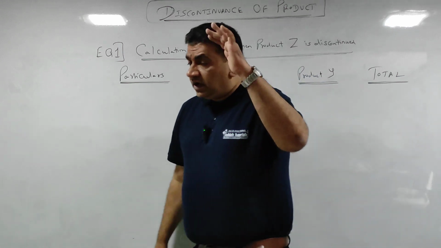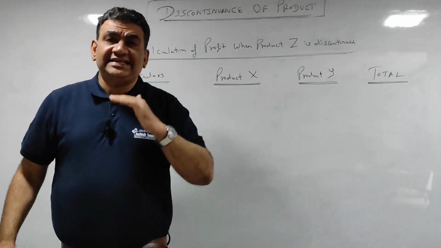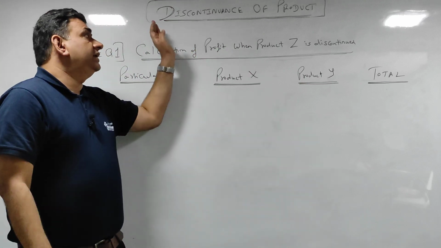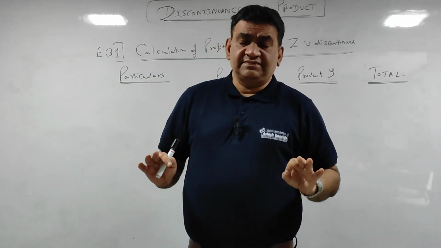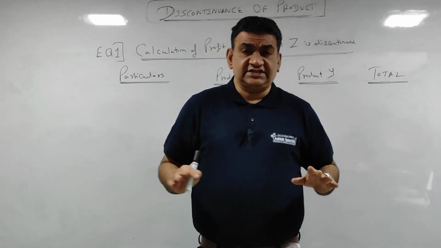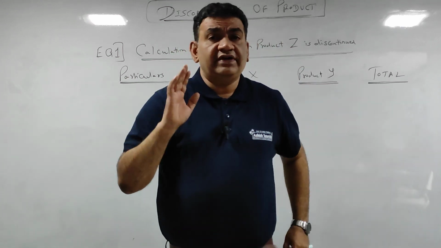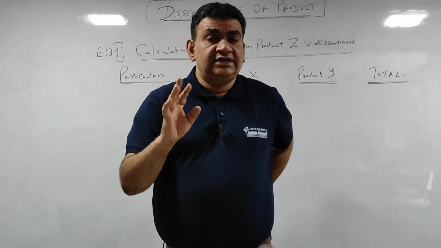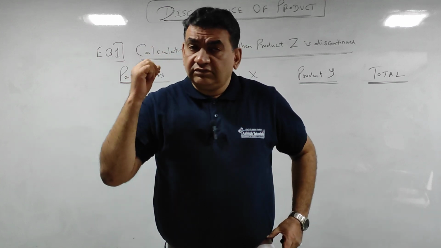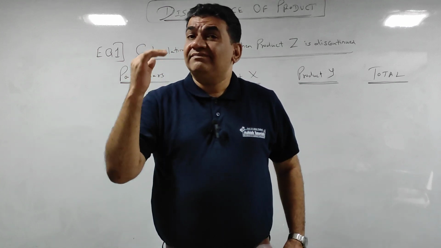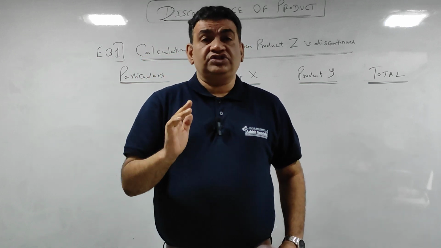Now, what exactly do you mean by discontinuing a product? This is very simple. Today's session is very interesting. You will find it very simple. But guys, don't go by the final conclusion from the answer, but apply the logic.